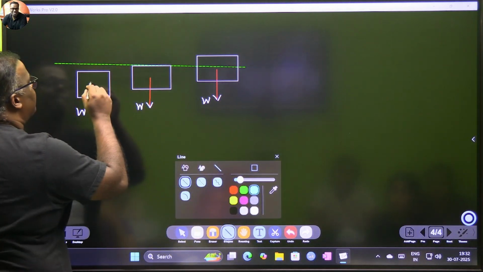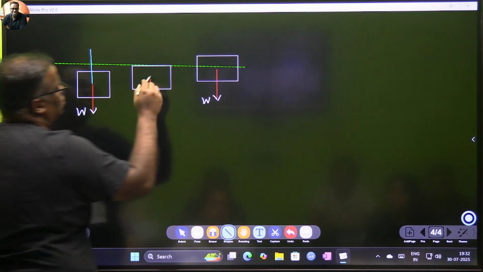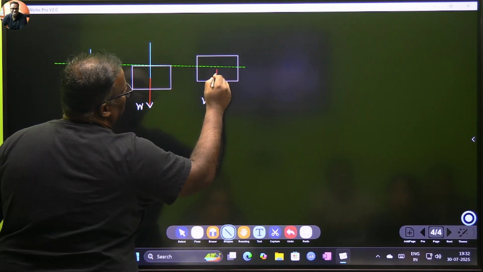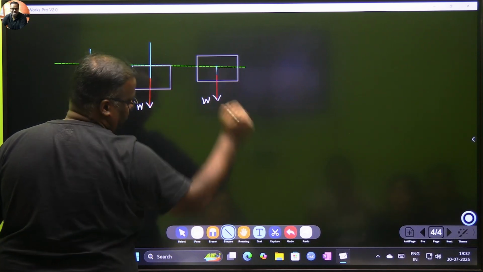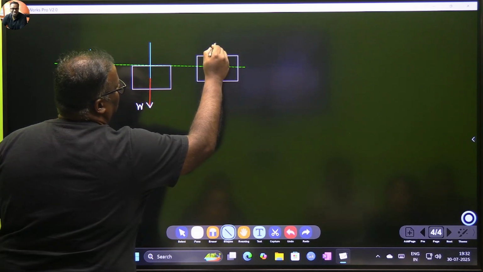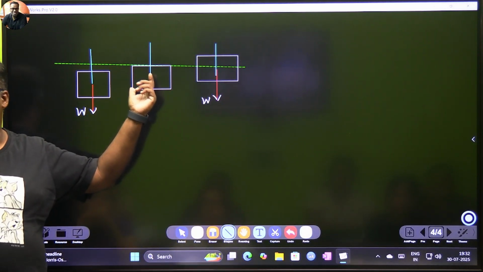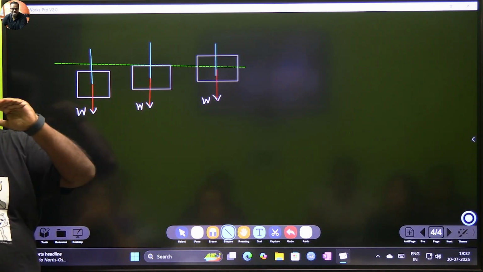I'm right now drawing it here, but it is not exactly at this place, but I'll come to it. The buoyant force which is actually here, I'm drawing it from this position. If you look at the buoyant force, then the buoyant force is actually responsible for reducing that much weight.